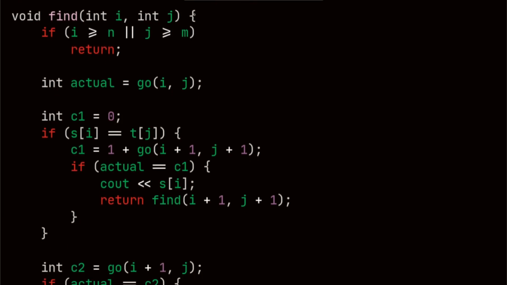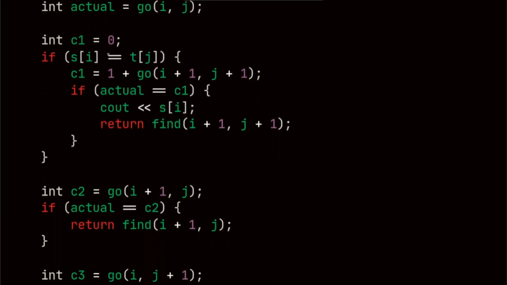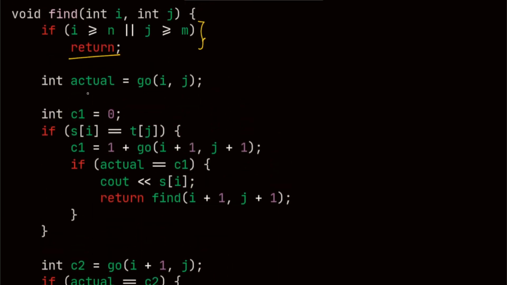We will terminate the base conditions, not go there, and we will find out what is the actual answer for this particular state. Actual answer means which is stored in dp of ij.